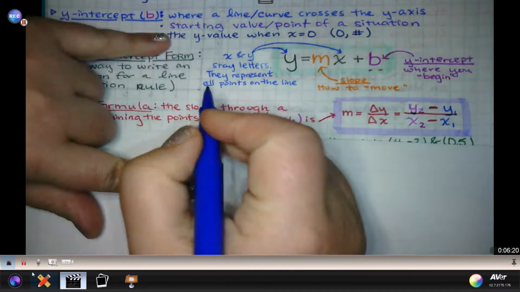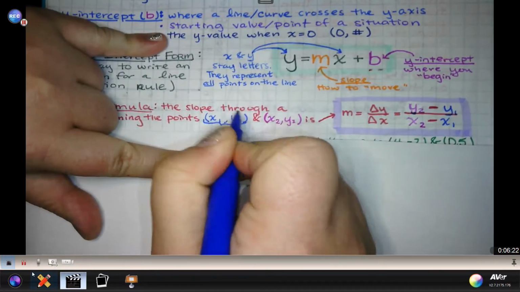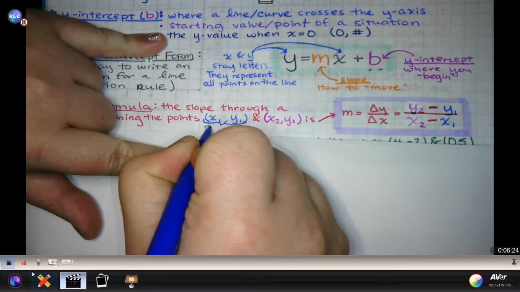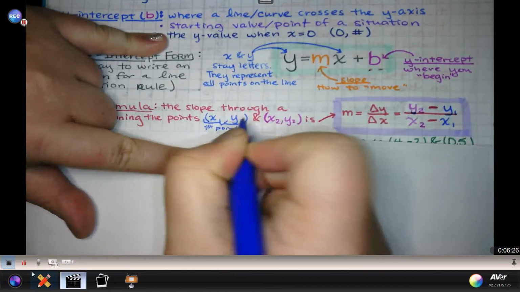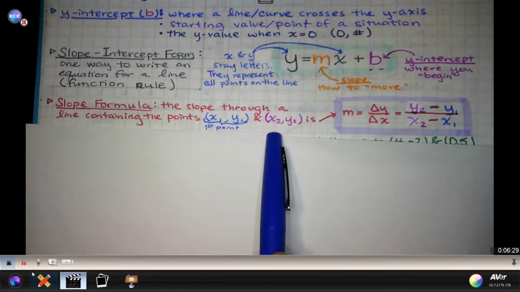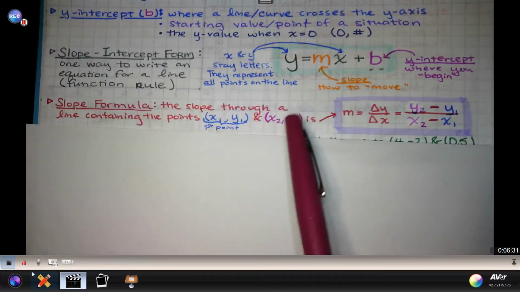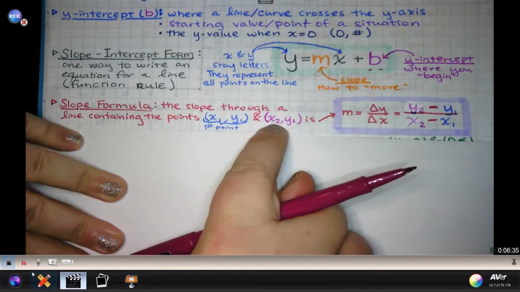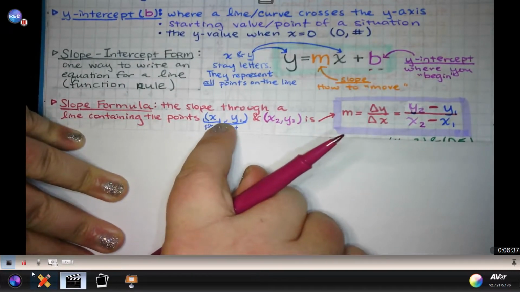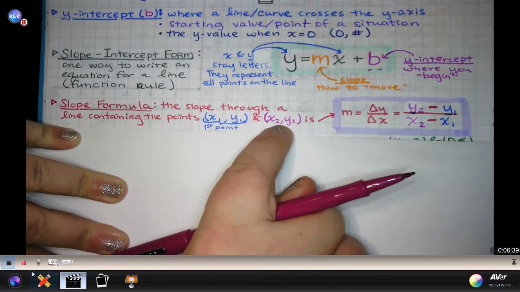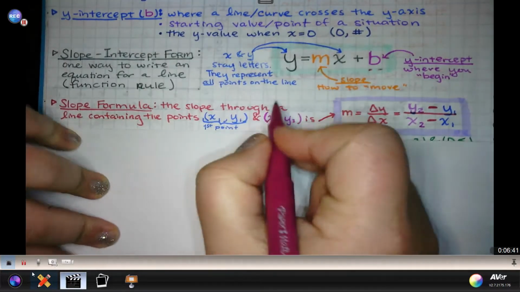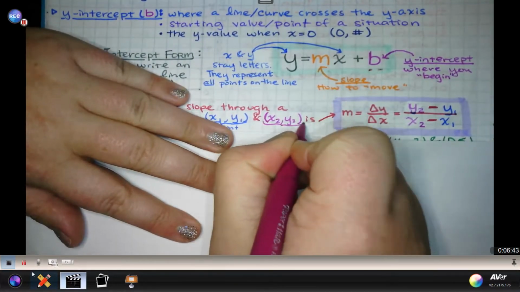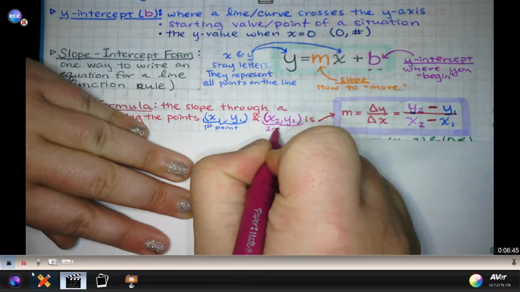So I'm actually going to write here, first point. And then this other one over here, I used the subscript of 2 because I'm labeling them as coming from the second point. So that when I see this x with a 1 and I see this x with a 2, I know that they're from different points. So this is from the second point.